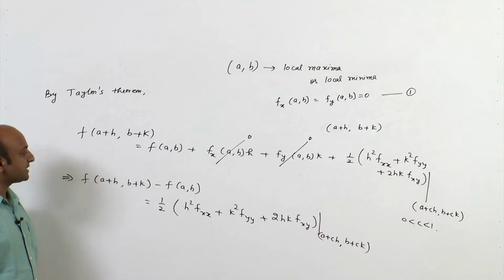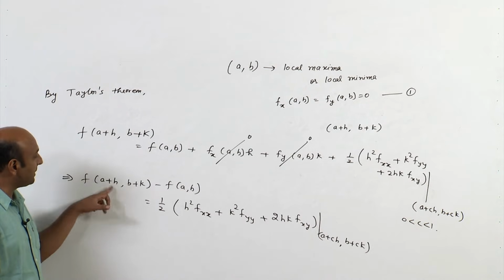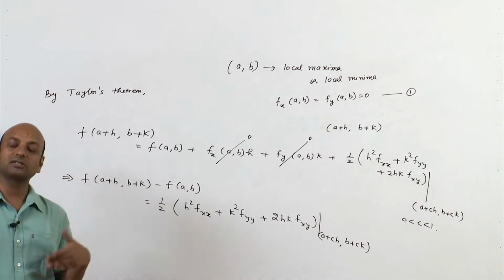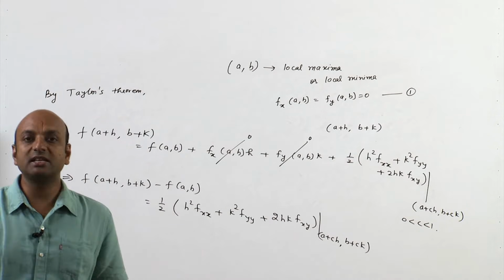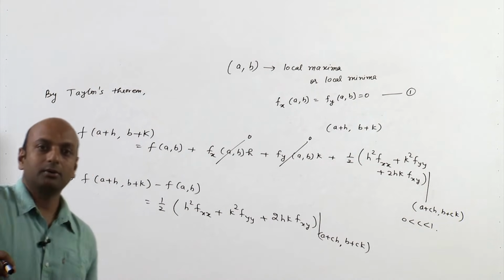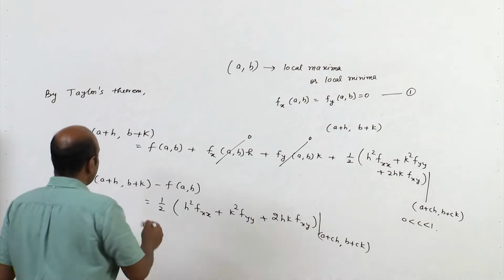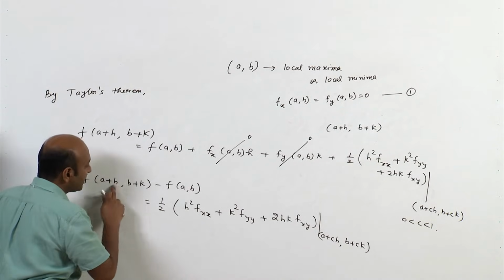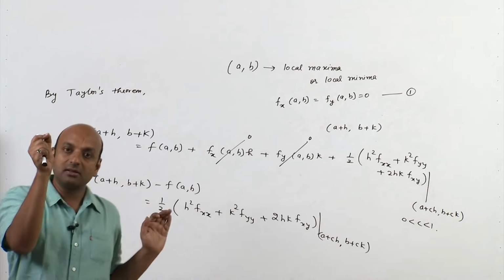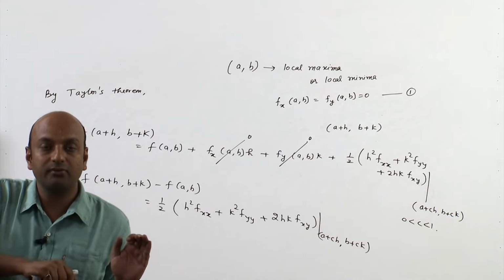And at a saddle point, for some h k this will be less than 0, and for some other values of h and k, this will be greater than 0. For a saddle point, because h and k you can vary in that open disk, they may be positive and they may be negative.